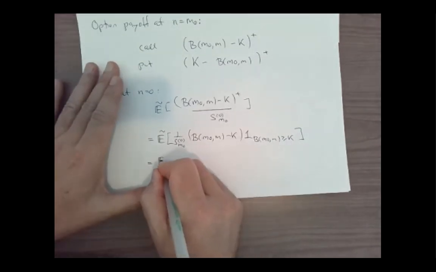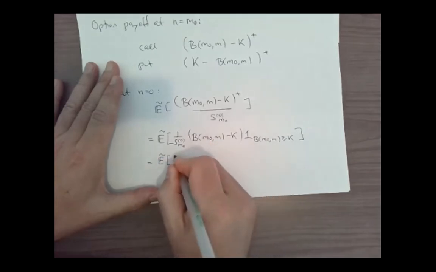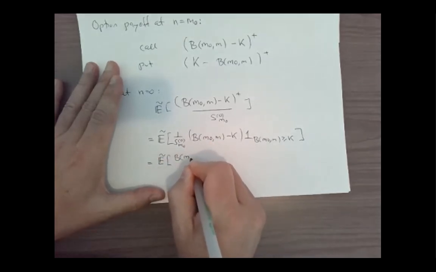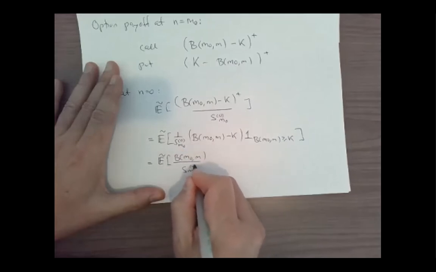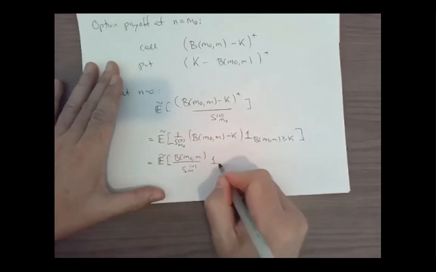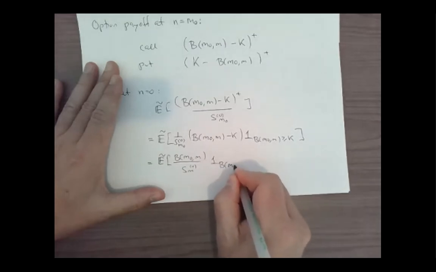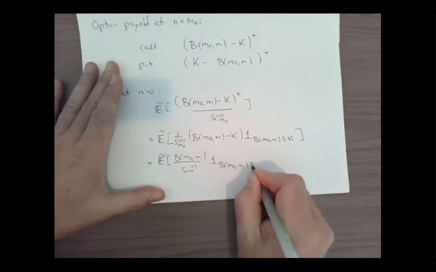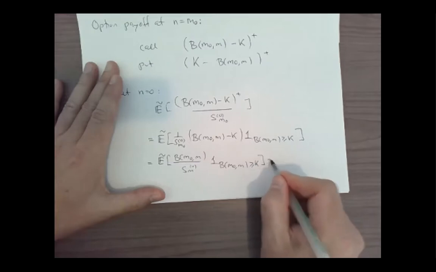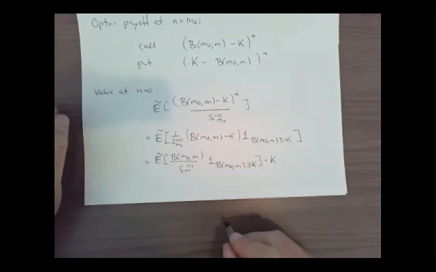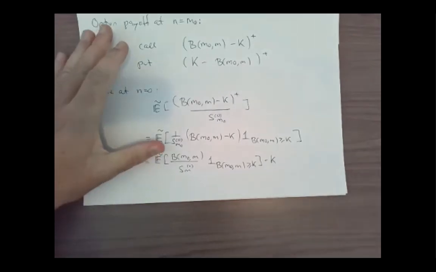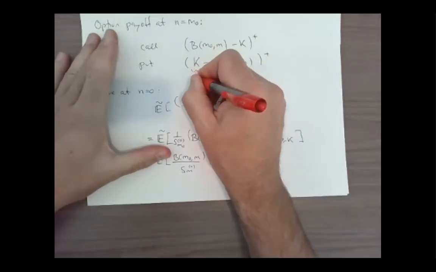This will be the expectation BM0M divided by the money market account times the indicator for being in the money. And then minus, and I have my K. K is a constant. You can go outside. This one here is a constant.